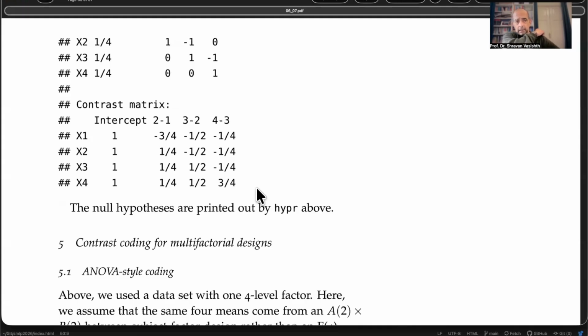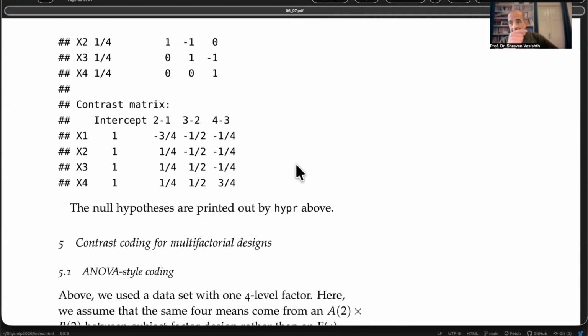And the practical relevance of this is that when we are defining linear models and doing these kinds of comparisons, at least I and many other people define these columns, each column corresponding to one contrast by hand, so to speak. And I'll show you in the end what I mean.